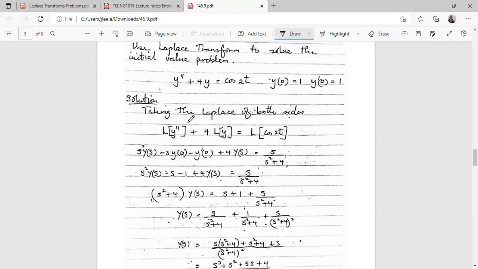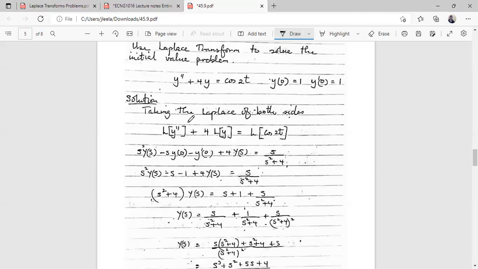And now you just substitute your initial conditions, s squared Y(s) minus s minus 1 plus 4Y(s) is equal to s over s squared plus 4. So you have here s squared plus 4 into Y(s), and you carry your s and your plus 1 across.